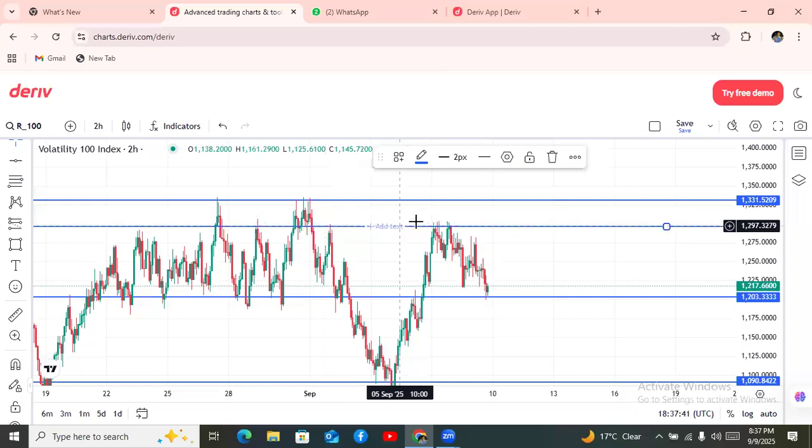So when price comes to that level where it reacted before, there is a possibility of price reacting again at that level. Okay? And these are the areas where we should start to trade from.